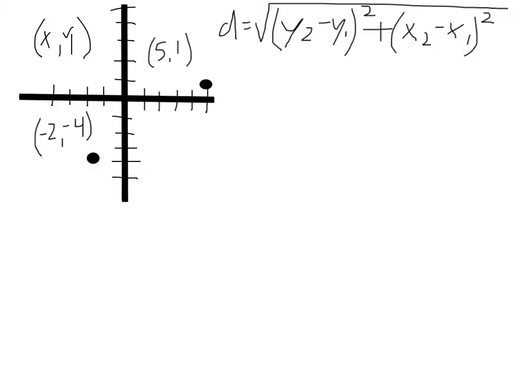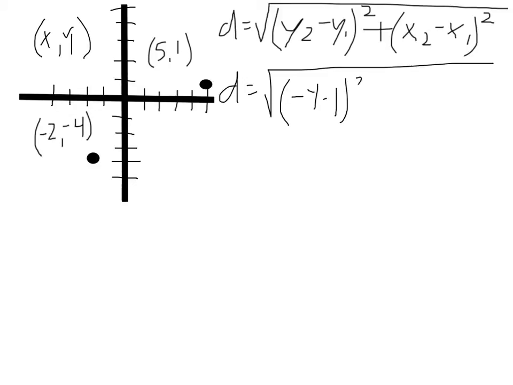So when we put these numbers into the distance formula, we have the square root of the quantity of -4 minus 1 quantity squared plus the quantity of -2 minus 5 quantity squared.